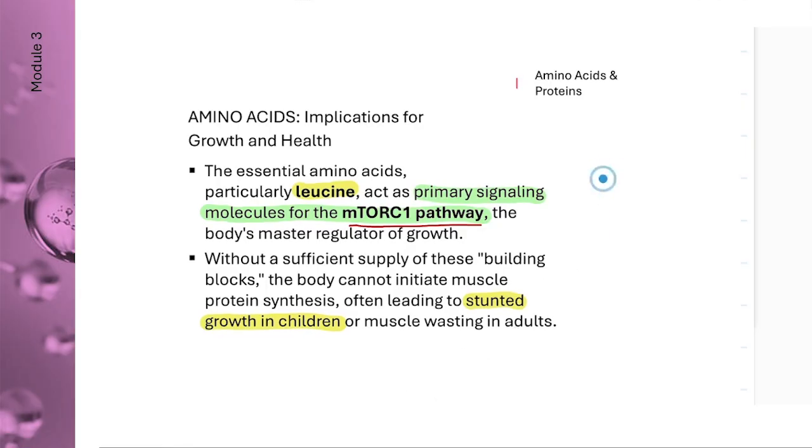So when it comes to growth, at every age, you expect a particular height for the child. So a child that is 5 years, a child that is 8 years, a child that is 10 years, you expect a particular height.